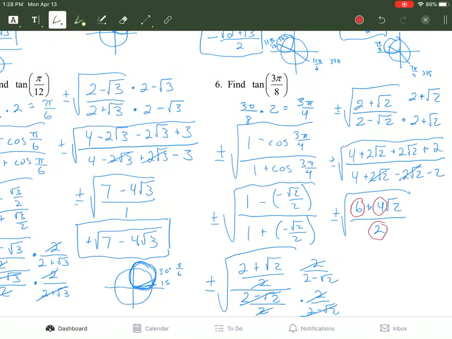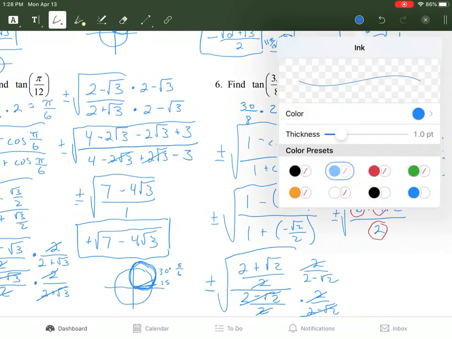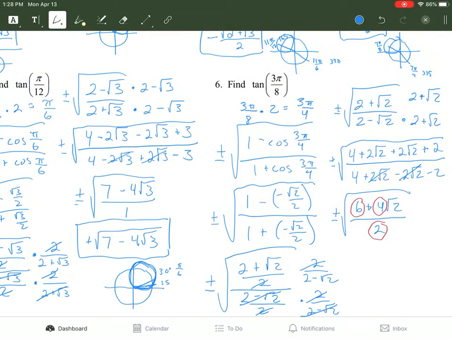If all three of those numbers can be reduced by the same thing at the same time, you have to do it. So 6 divided by 2 is 3. 4 divided by 2 is 2. The root 2 is still there. And now there's no denominator to worry about. And we do the big square root sign.